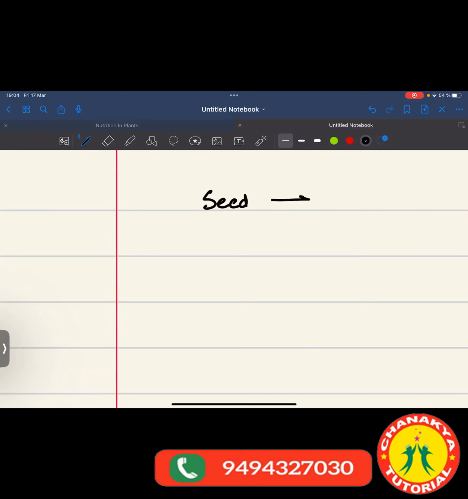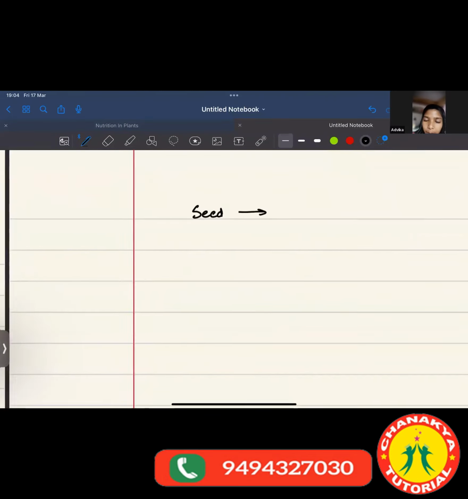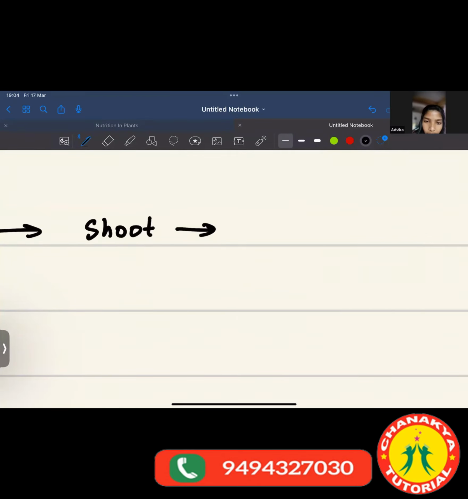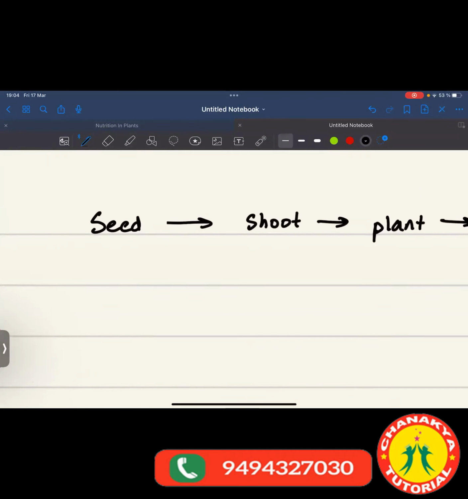The seed will convert into what? A little baby plant, which is called a shoot. Then a plant. Then the fruit. Right. So this is how it will develop.